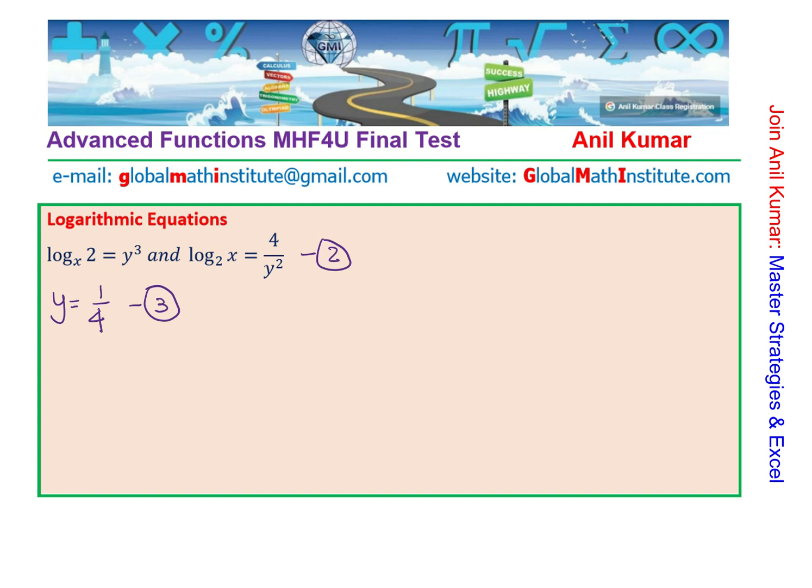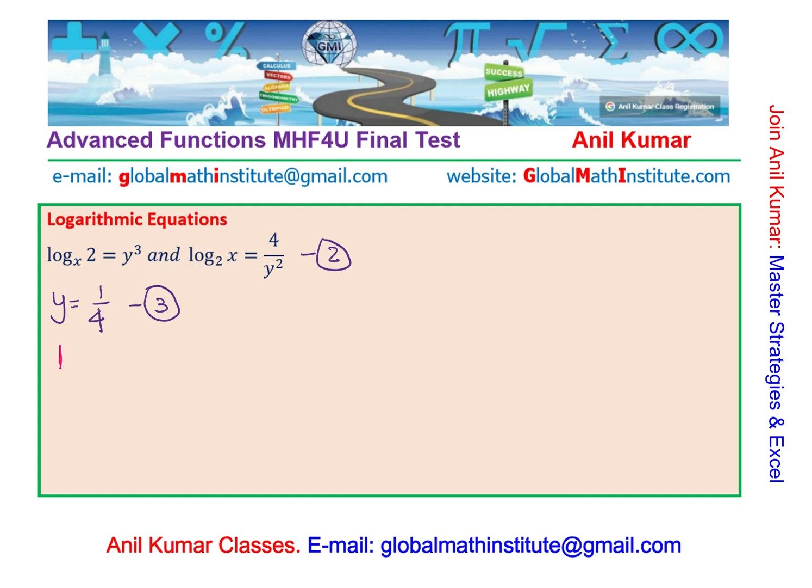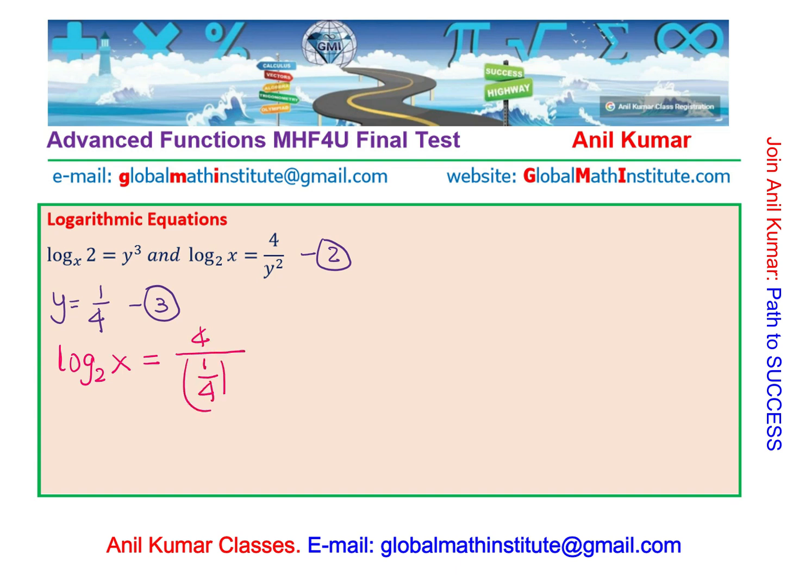Substituting y equals 1 over 4, what do we get? We get log to the base 2 of x equals 4 over (1 over 4) whole squared, which indeed is 4 cubed. So we can rewrite this in exponential form: x equals 2 to the power of 4 cubed. 4 cubed is 4 times 4 times 4, which is 64.